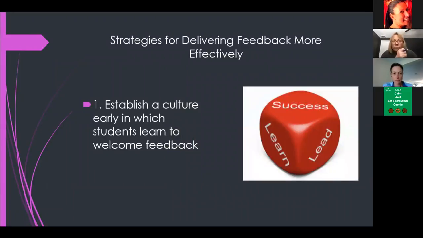So basically, we're going to go through 3 overall arching strategies for delivering feedback more effectively. So the first thing is to establish a culture early in which students learn to welcome feedback.